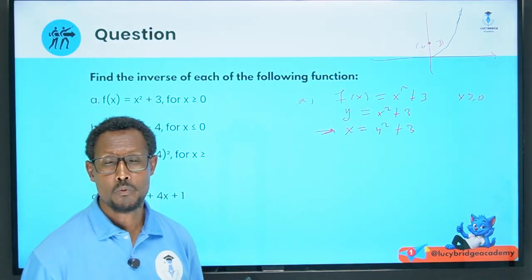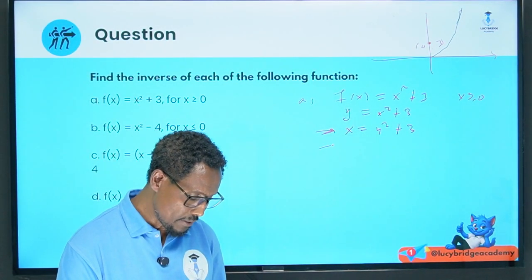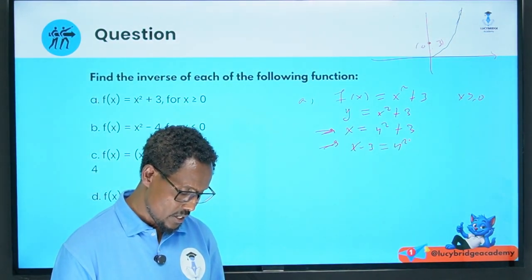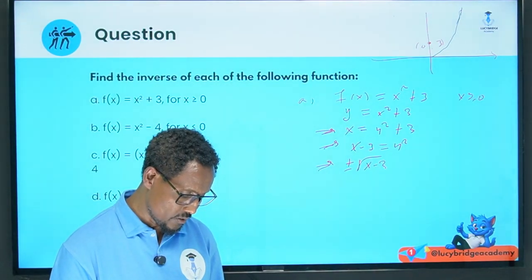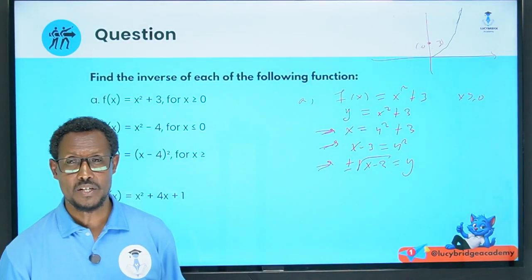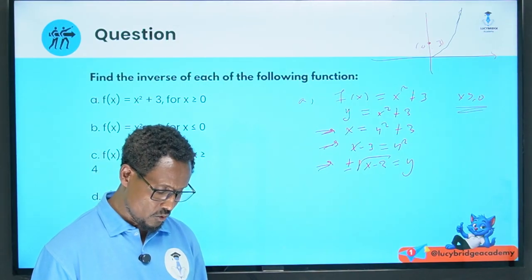Isolate y, which implies x minus 3 is equal to y squared. Now this implies that plus or minus the square root of x minus 3 is equal to y.